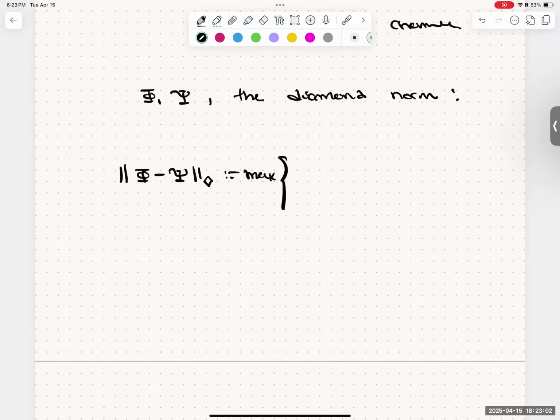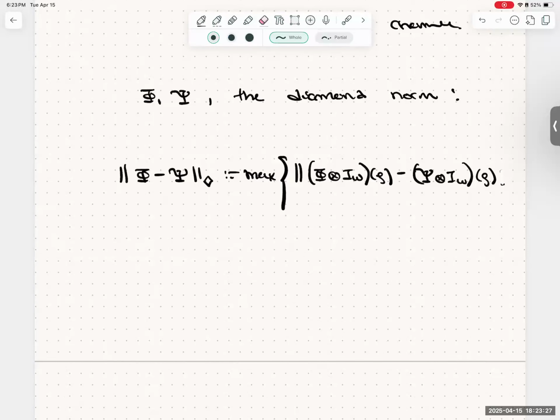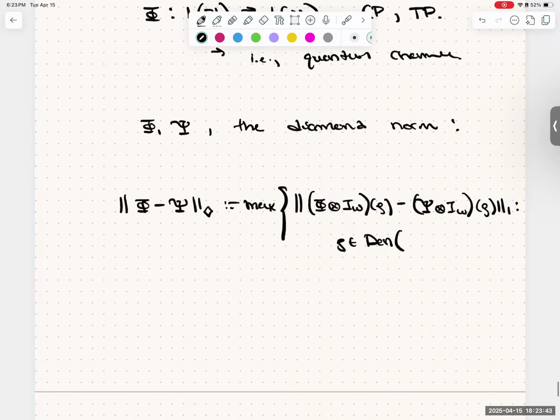over all quantum states of the one norm of this quantity, phi tensor identity on some auxiliary input space acting on rho, minus psi tensor identity on W acting on rho, such that rho is an element of the quantum states, potentially mixed.